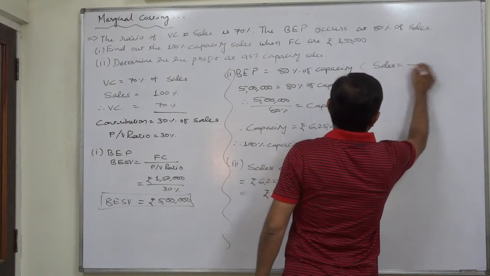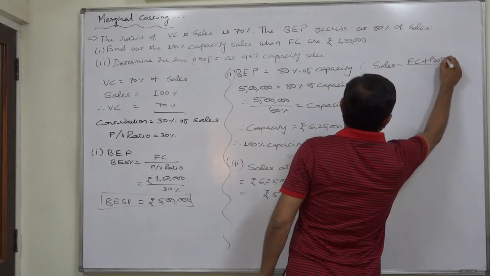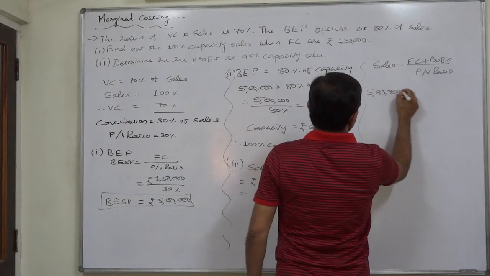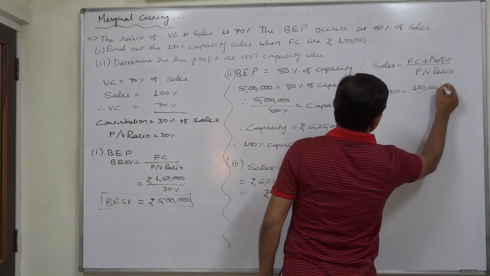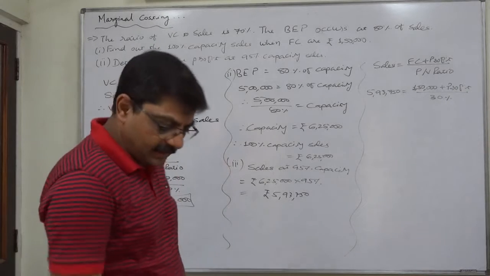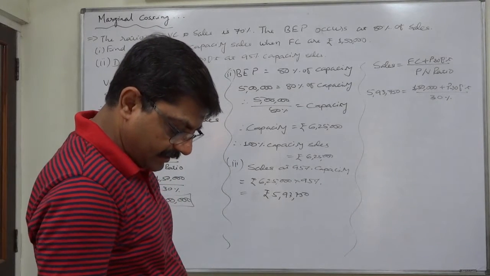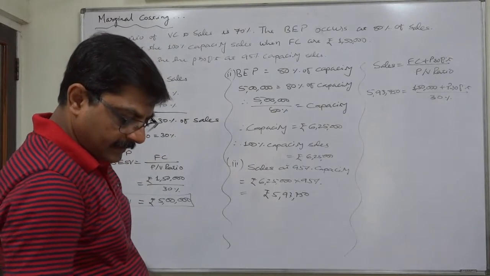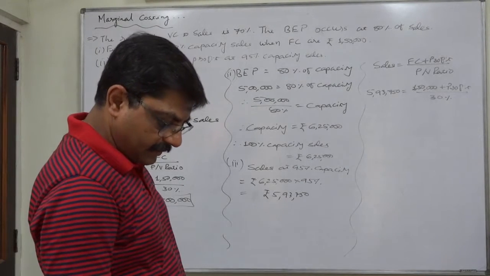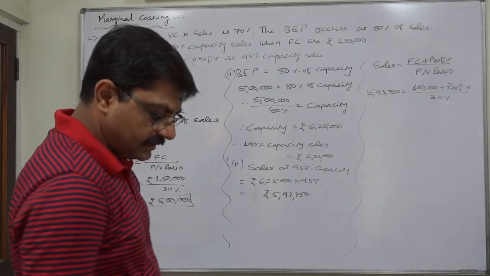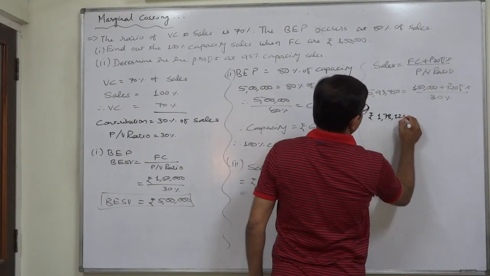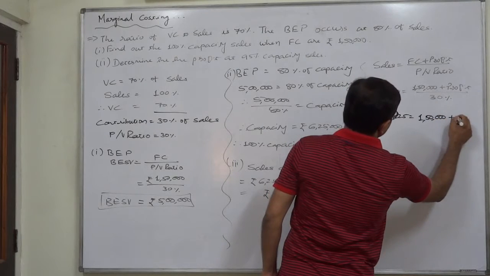We can find that profit through the formula of sales. 5,93,750 equals fixed cost 1,50,000 plus profit, that is missing, divided by PV ratio 30%. 5,93,750 multiplied by 30% is 1,78,125 rupees. 1,78,125 equals 1,50,000 plus profit.